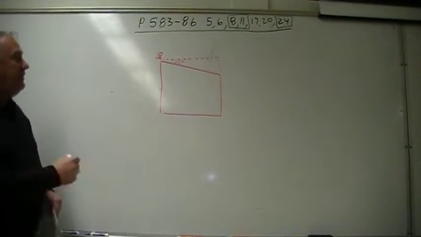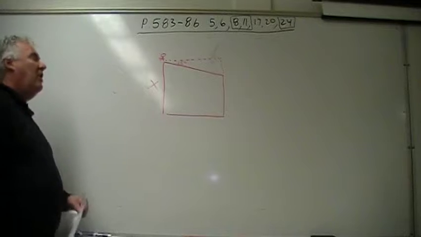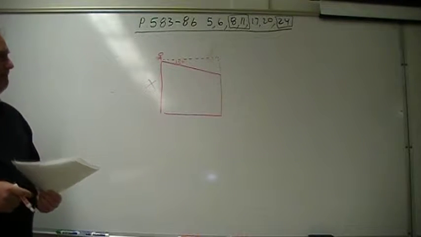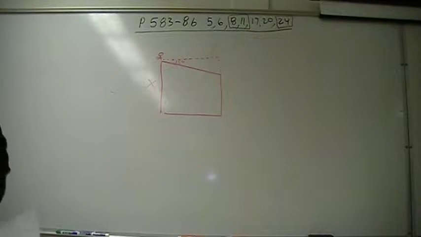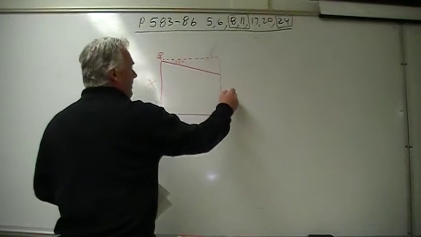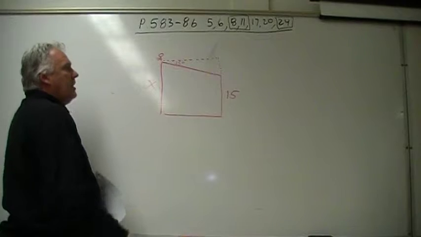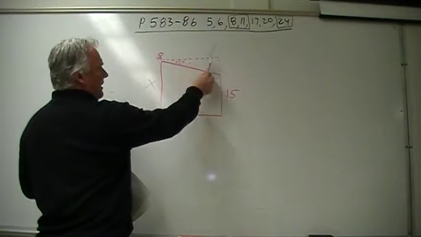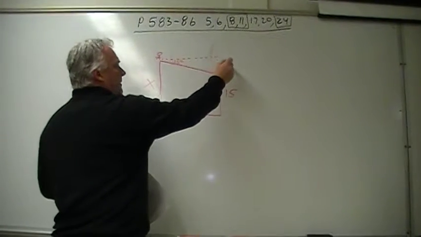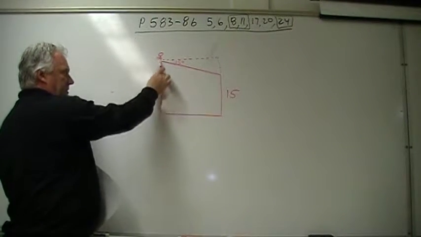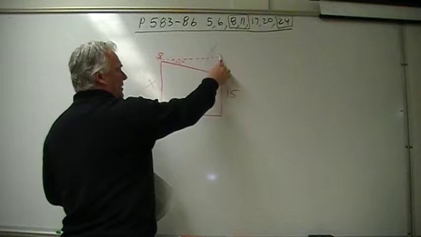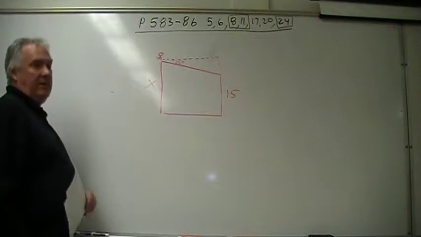What we're trying to find is the height of the taller water slide. Do we know the height of the smaller one? 15 meters right here. So when we make this line, this distance will equal 15 plus whatever this is right here.